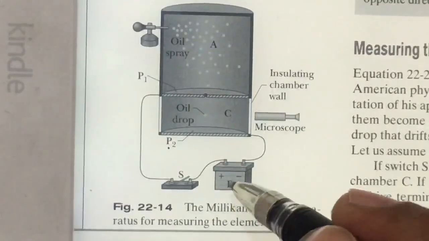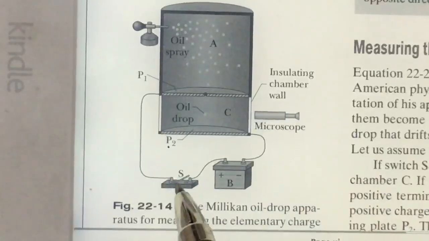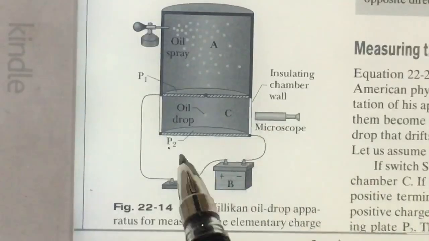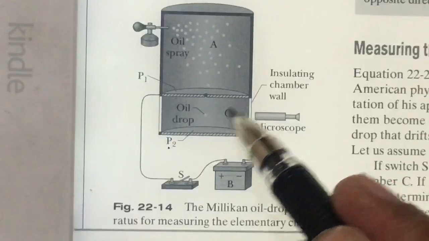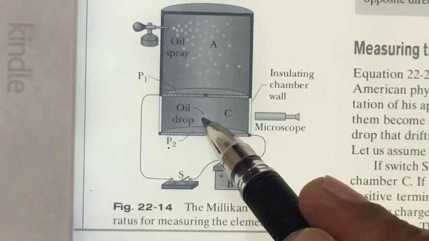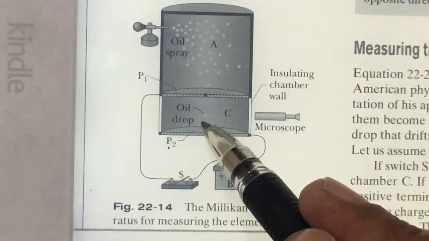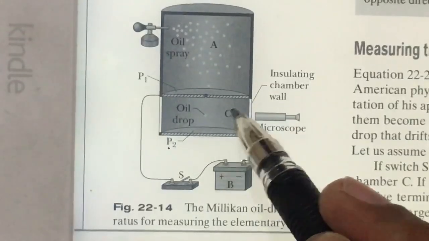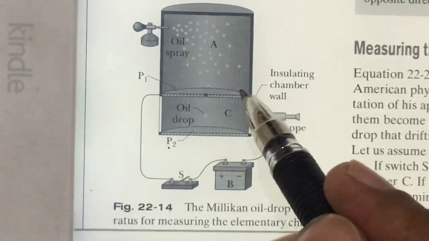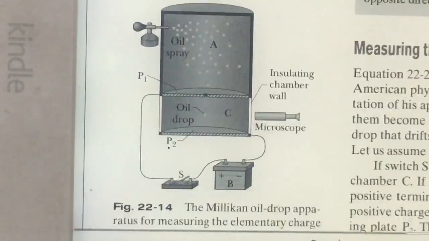Once the battery is connected and this switch is closed, then plate P2 will be positively charged and P1 will be negatively charged. So if this droplet is negatively charged, it will move towards P2, and if it is positively charged, then it will move towards P1, because like charges repel each other and opposite charges attract each other.